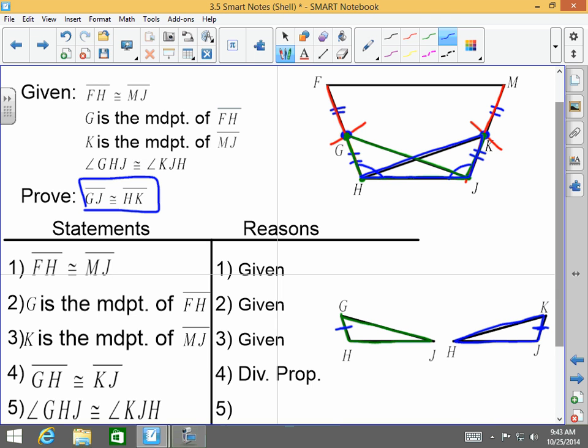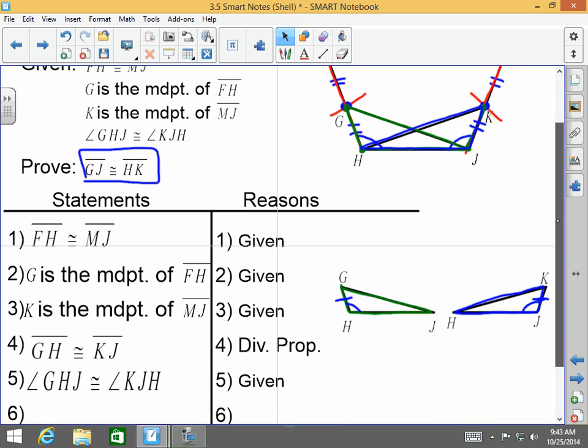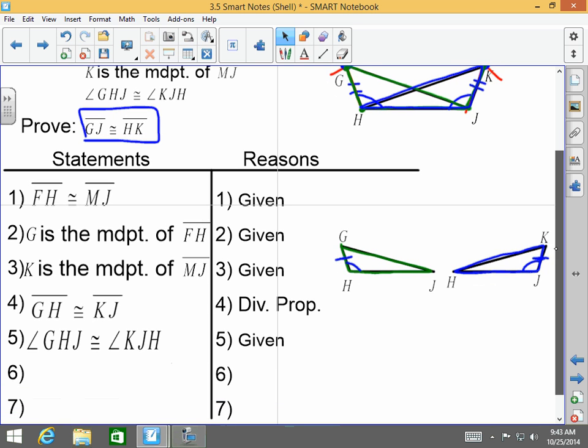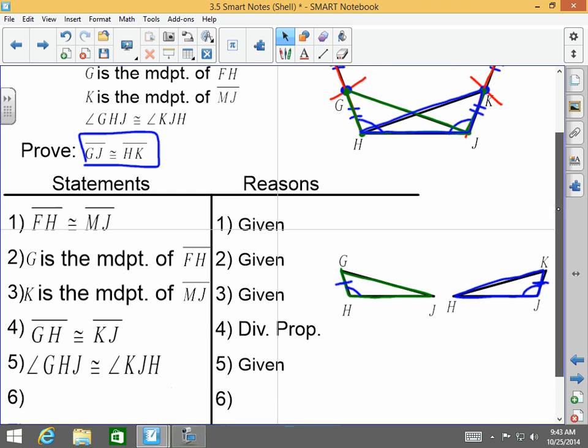We already know that GH is congruent to JK. We proved that because of the division property. We know that angle GHJ is congruent to angle KJH because it was a given. Okay? And now we want to try to prove that GJ is congruent to HK. Well, look at the main figure above here.